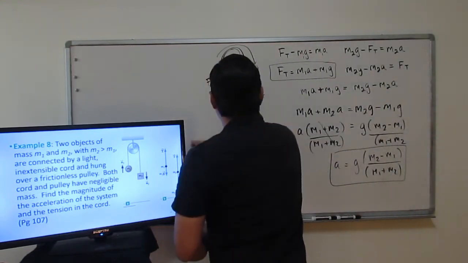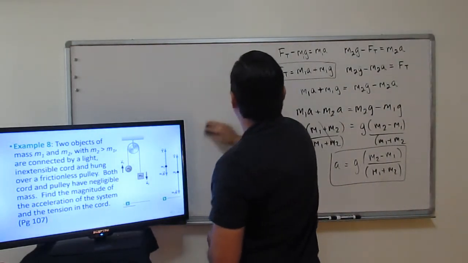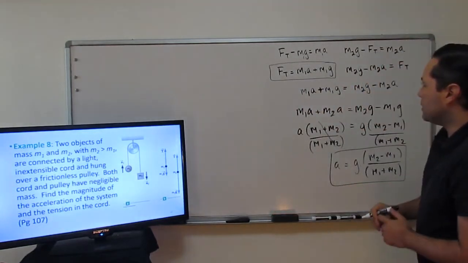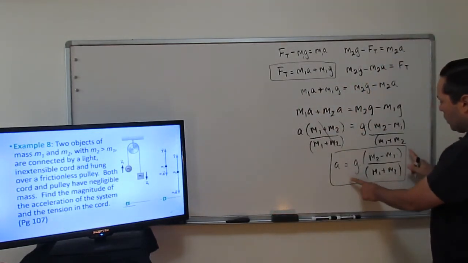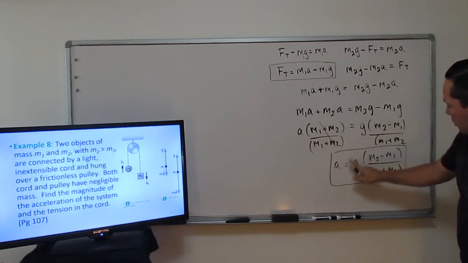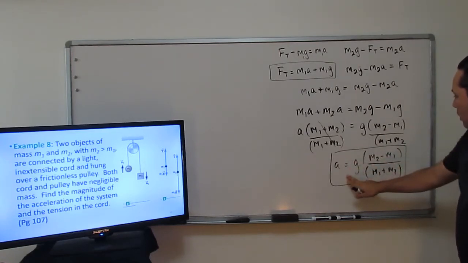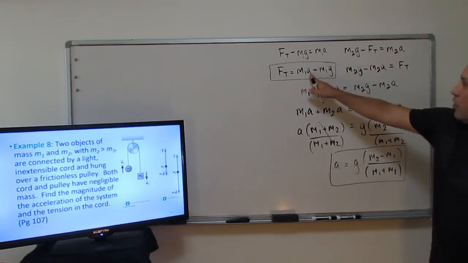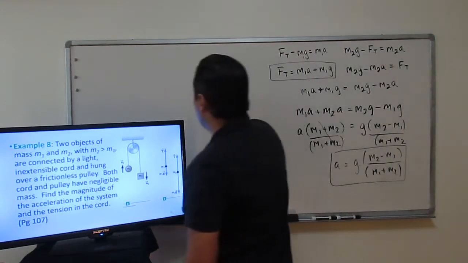Alright, so I'm going to need a little bit more space. And it will look like this. Again, I'm substituting A, this whole right side, there. That's what I'm going to do to get the force tension.